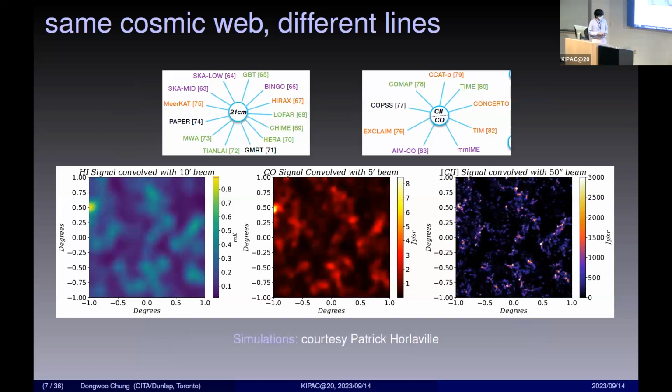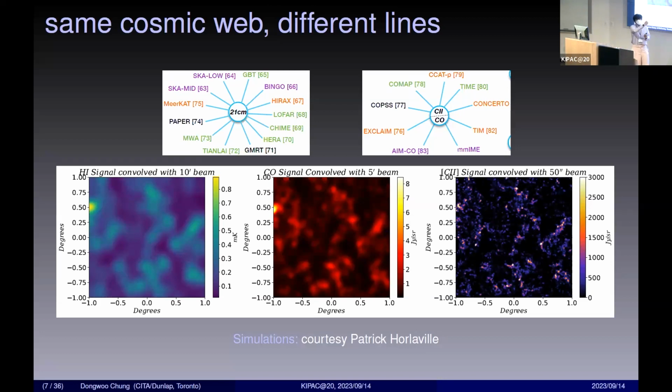It's important to remember that these all trace the same general cosmic structure. At lower redshift, of course, you're looking at the HI around and in and between galaxies. The CO and C2 very much trace the galaxies themselves. The CO is tracing the fuel for the star formation, the cold molecular gas, while the C2 is more tracing the neutral and ionized phases of the interstellar medium as they interact with the interstellar radiation field.